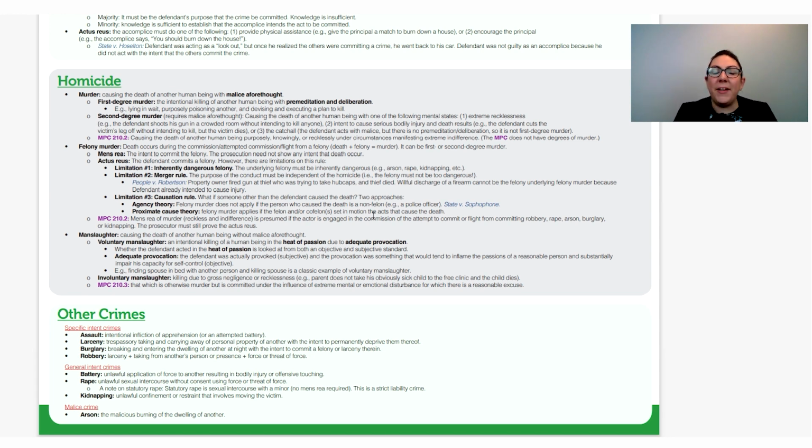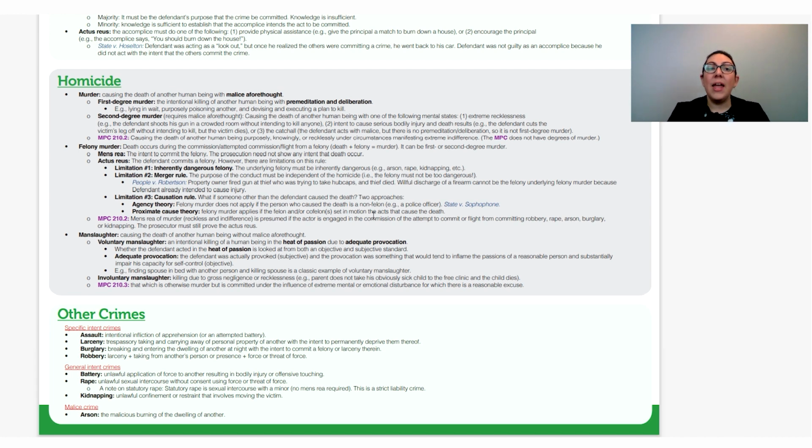This can come up if there's some sort of failure to act in a situation where there is a duty to act, such as if a parent has a sick child and fails to take their sick child to the doctor and the child ends up dying. That's likely gross negligence for failing to take your sick child to the doctor, so that could be considered involuntary manslaughter.